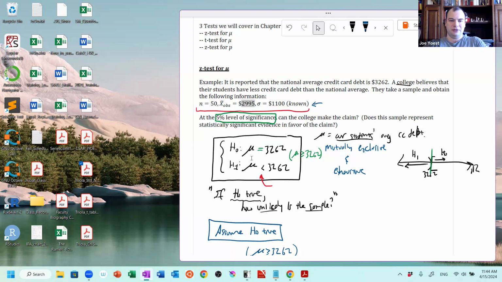Now, from chapter 7, if you asked me what's my best guess at what the mean is, I would answer 2995. If you ask me what's a 95% confidence interval, I would use this sample to build a 95% confidence interval, right? So we can answer those questions from chapter 7, and they're very parallel questions to the one we answered here.